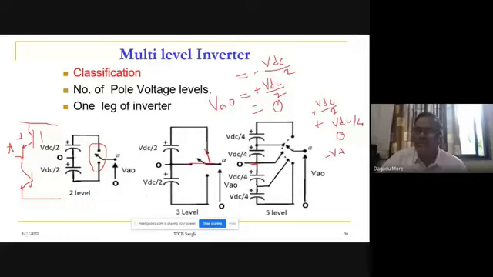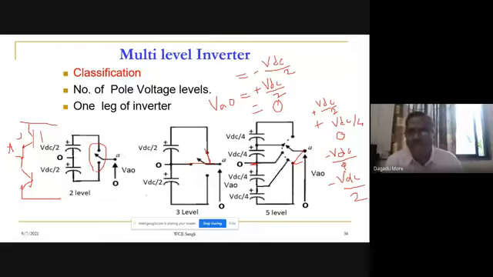And whenever A is here, we have seen two capacitors, so minus VDC by 2. These are the 5 levels we get.